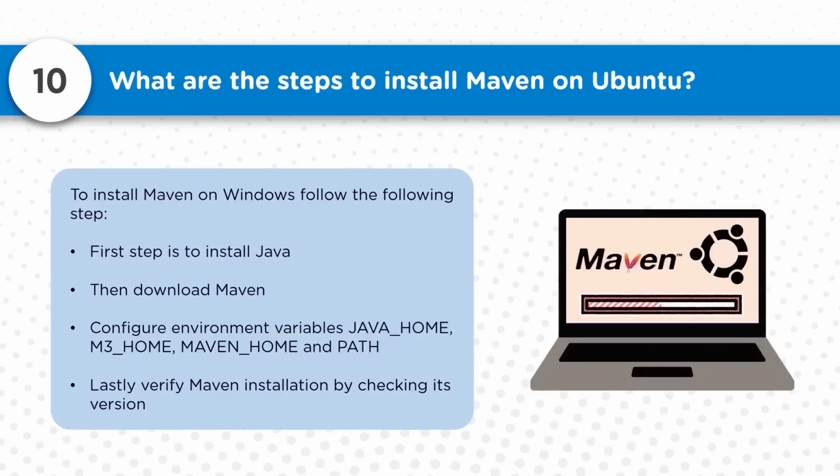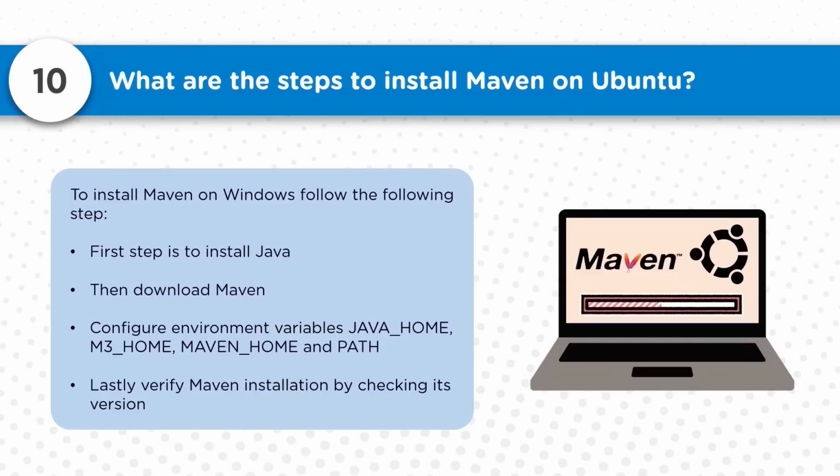Now, what are the different steps involved for the installation of Maven on Ubuntu? So Ubuntu, it's fine. You just download the package of Java JDK there. Once the JDK is installed over there, you can simply go ahead and search for a particular Maven package which is available there.